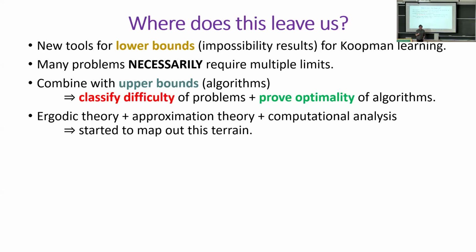Okay, so you can have a stamp of approval on your algorithm saying, I can't do it in less parameters. There's no clever rejuggling or parameterization or anything like that. This is optimal. We combined ergodic approximation theory and computational analysis to start to map out this terrain.